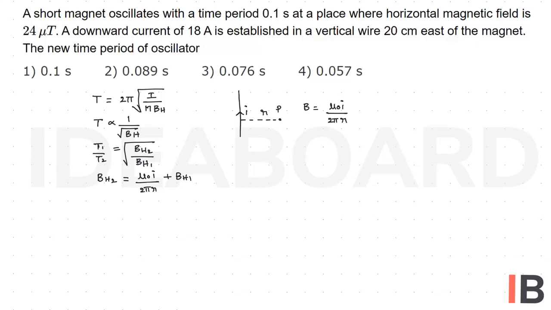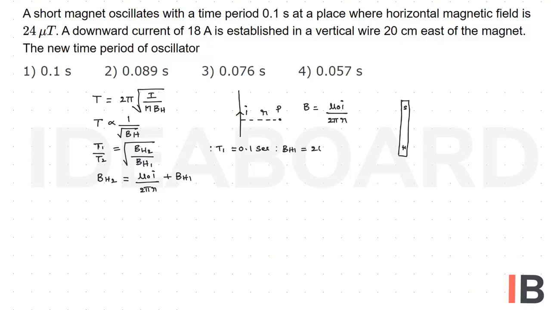Since, as per the question, here a short magnet with the south and north poles is oscillating with a time period of 0.1 second. So T1 is equal to 0.1 second, which is placed where a horizontal magnetic field is 24 microtesla.